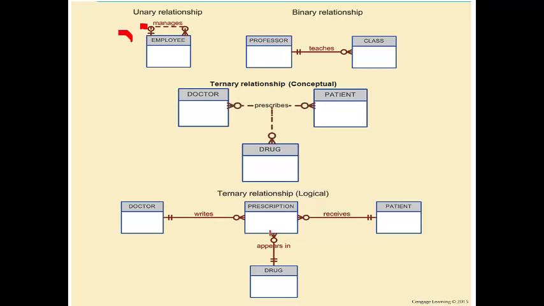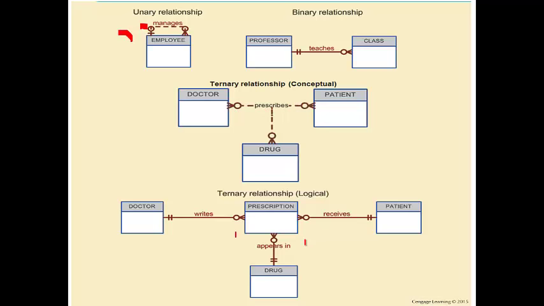Interesting here, and we talked about many-to-many relationships in our prior relational model analysis. And here, with this ternary relationship, we do something similar. We create a new entity and new one-to-many relationships to replace the many-to-many relationships between the doctor and patient, and then doctor and patient and drug.